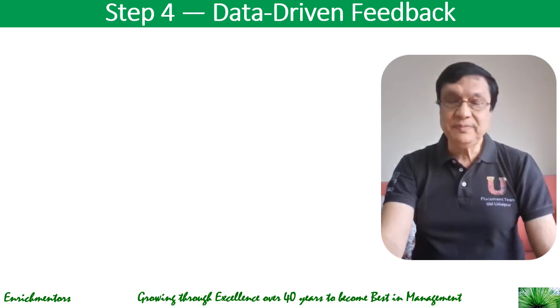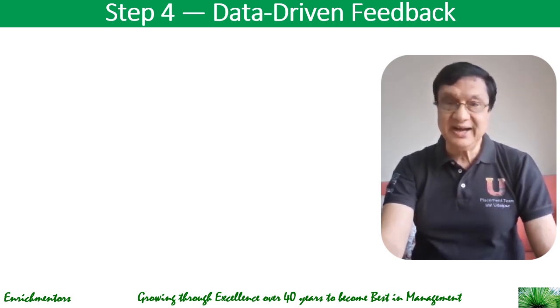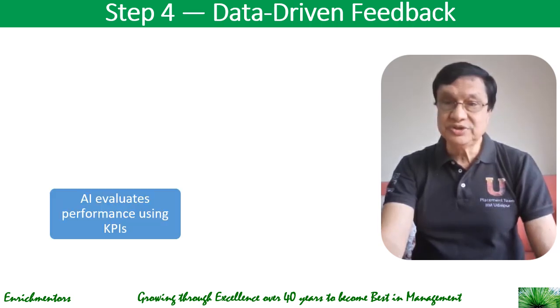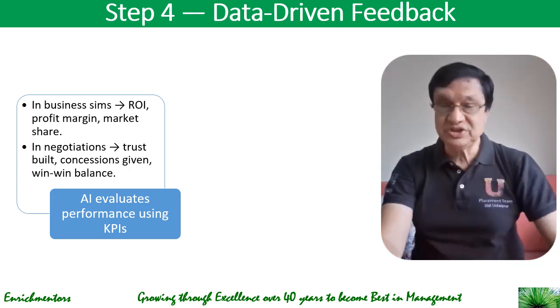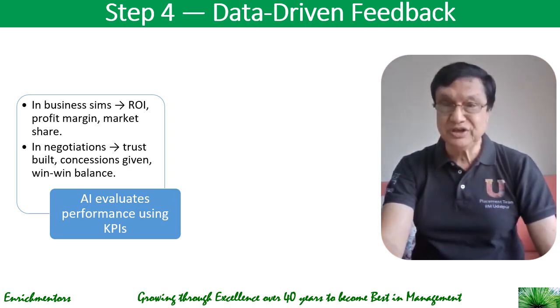The fourth step is data-driven feedback. How does that happen? AI evaluates performance using KPIs. In business simulations, it could be ROI, profit margin, market share. In negotiation, it could be trust built, concessions given, win-win balance.